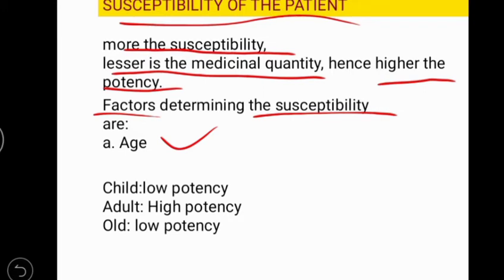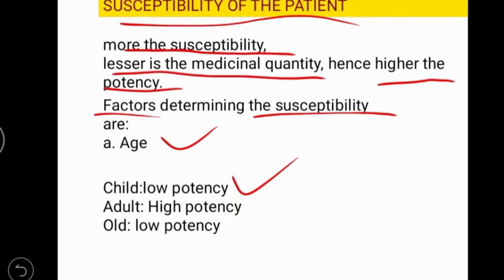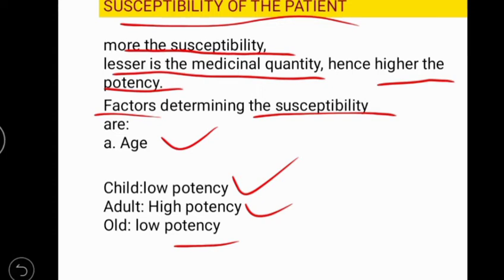What do we find in age? If the person is a child, then we give low potency according to the susceptibility of the patient. If the person is an adult, then high potency. If the person is old, then we give low potency. Why? Because children are more susceptible to disease, and the old are also more susceptible to disease, so we give low potency.